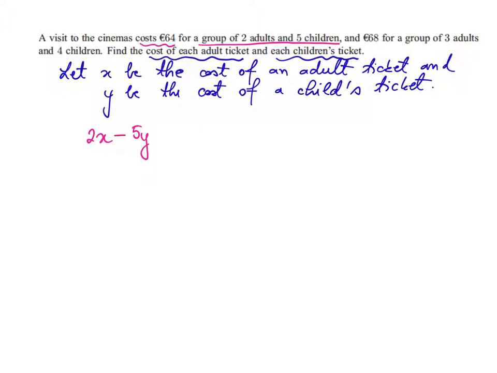And together they pay 64. I'm looking at the unit, it's the same euros everywhere, so I don't need any conversion. The second piece of information tells you that you pay 68 for a group of 3 adults and 4 children. So 3 adults will pay 3x, 4 children will pay 4y, and together you pay 68.